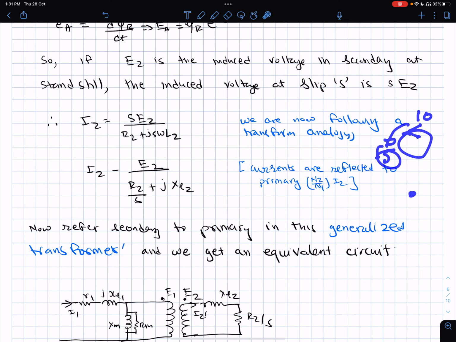Then a stationary observer outside will see that you are revolving at 15. The same principle is being used here.